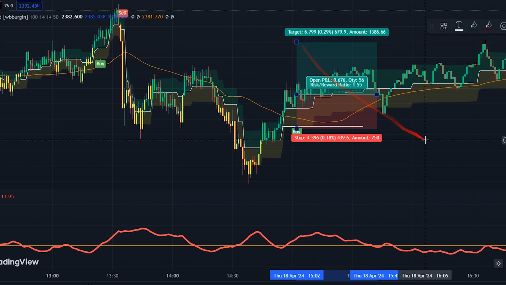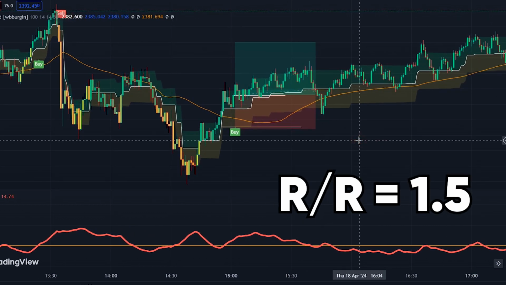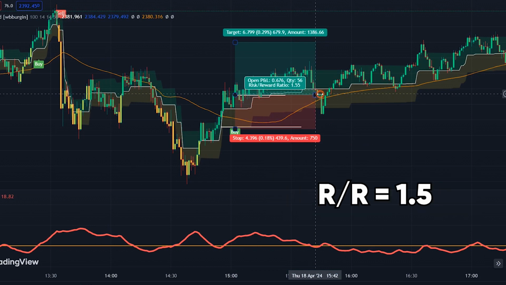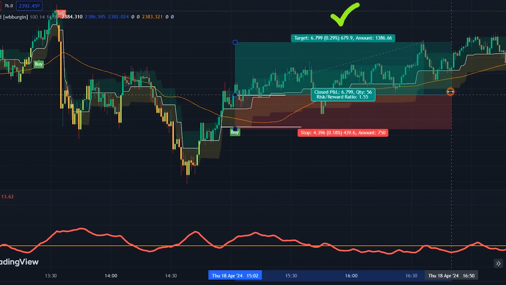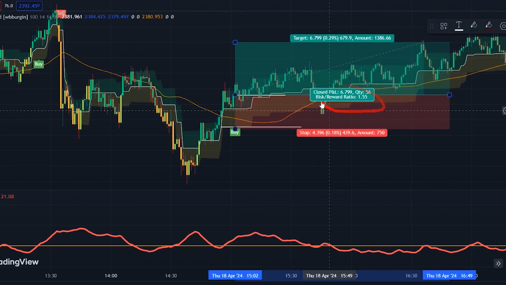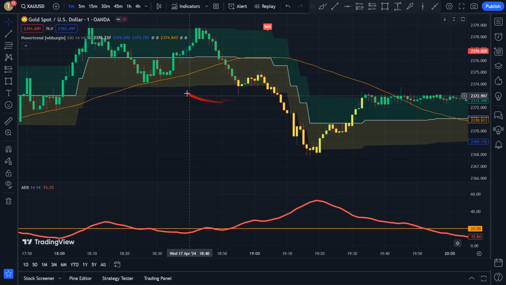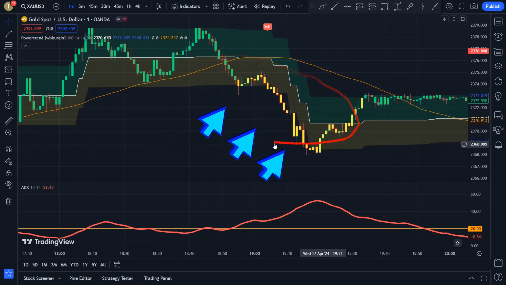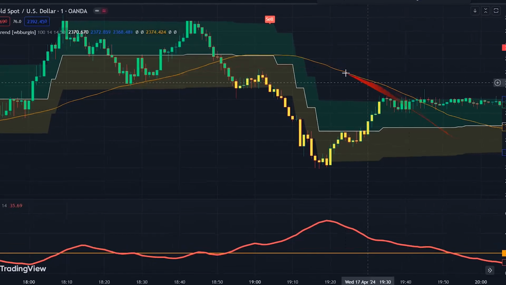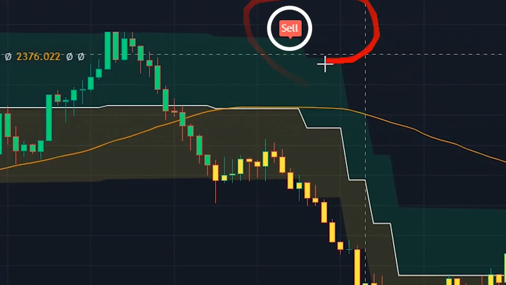To do this, consider a risk to reward ratio of 1 to 1.5 and wait for the trade to close with a profit. For sell orders, we should do the opposite of buy orders. First, make sure we are in a downtrend. Then look for a sell signal at those points.